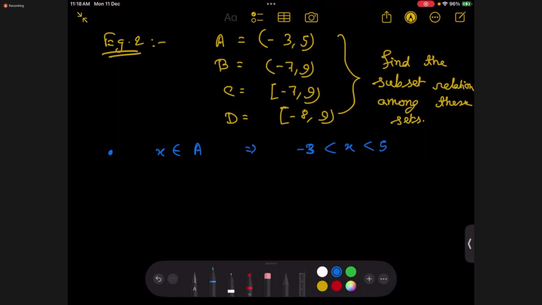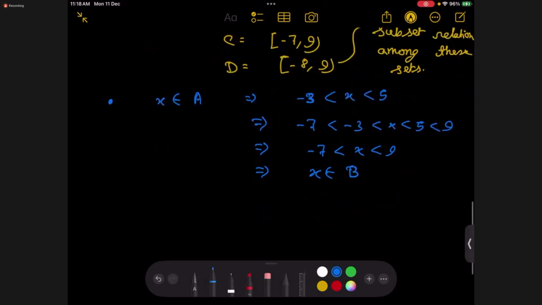Now, if this is so, then we can obviously say that minus 7 is less than x, less than 9, which means x is less than 9, greater than minus 7, which implies x belongs to B. Therefore, A is a subset of B.